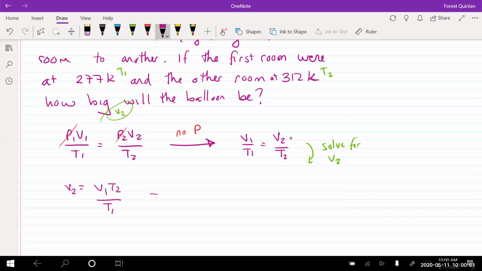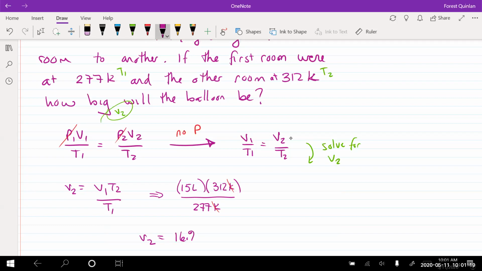We think it's going to get bigger? Let's find out. V1 was 15 liters. T2 was 312 Kelvin. T1 was 277 Kelvin. Kelvins cancel. We have our volume, and that volume is 16.89, or 17.